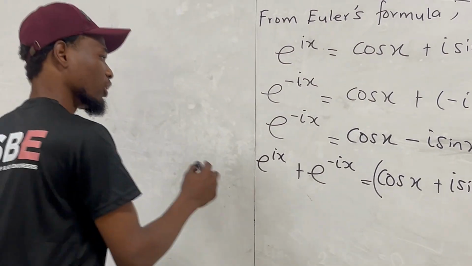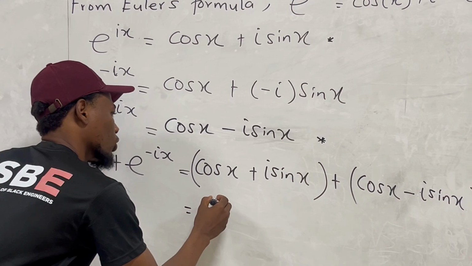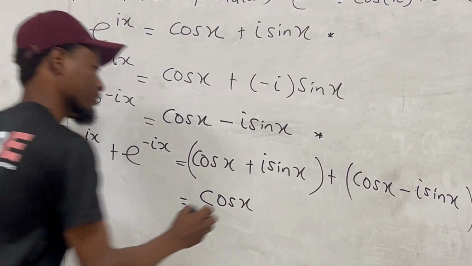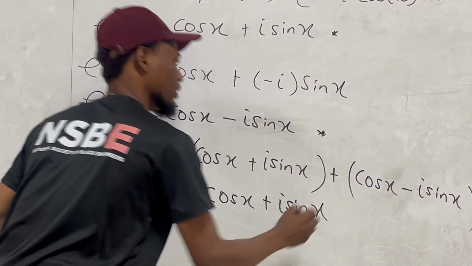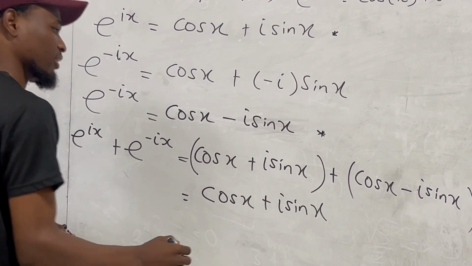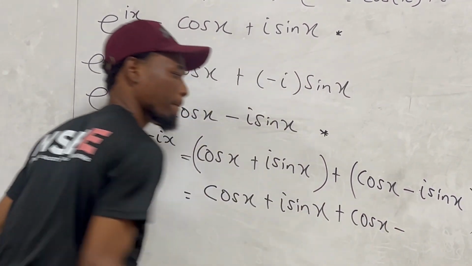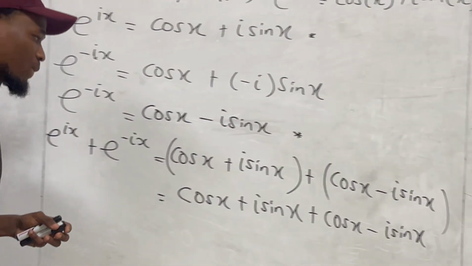Is that not so? So therefore I can say that we have cos x plus i sine x, then plus cos x minus i sine x.